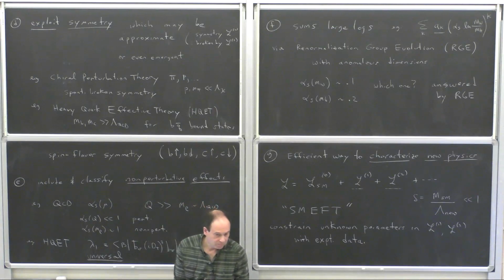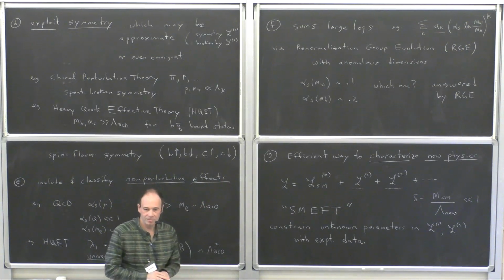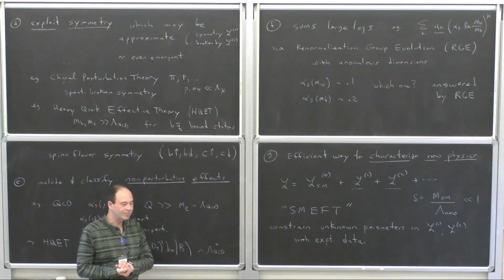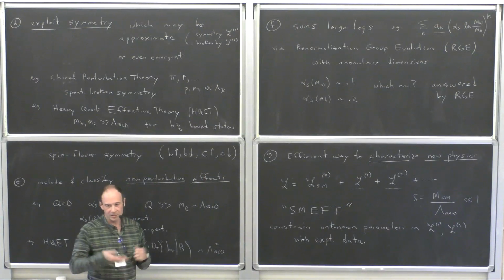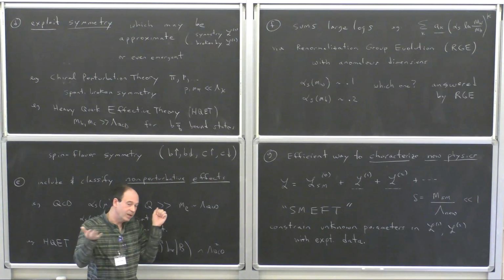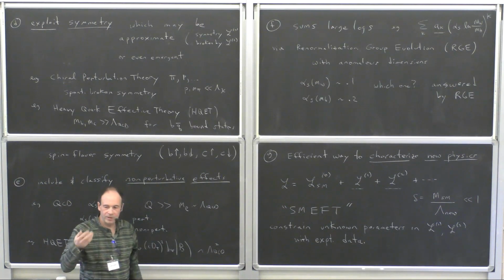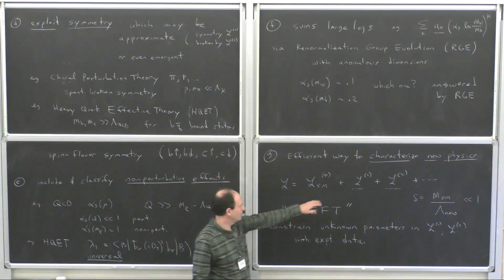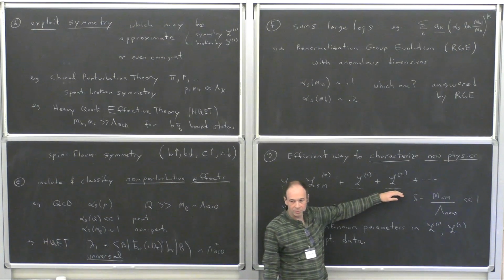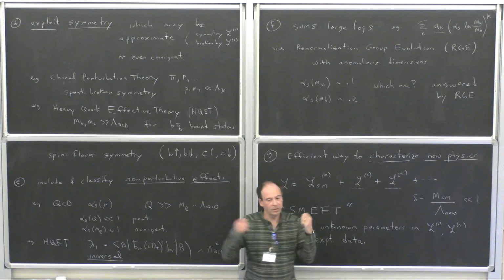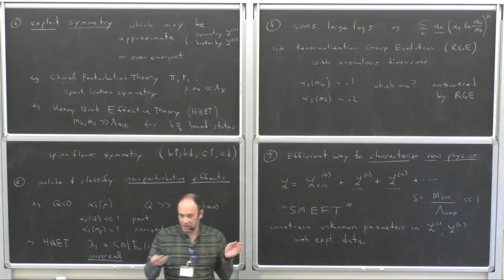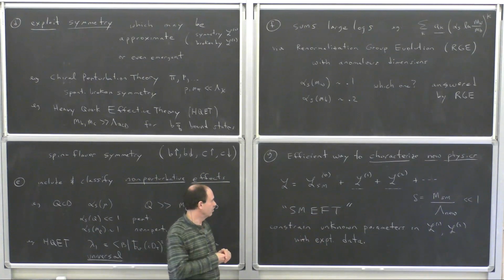And that doesn't preclude you from using those constraints to maybe examine your favorite model. If you have a model and it has some heavy particles in it, say your model has only heavy particles in it, then you could figure out what your model predicts for these coefficients in the L1 and the L2. Just like integrating the W boson out, expanding it out, you could do that same type of procedure in your model.